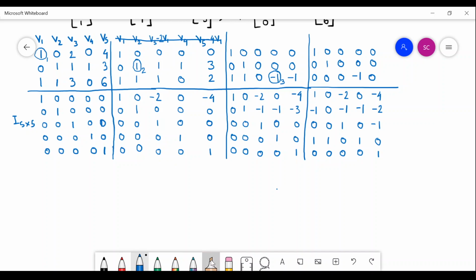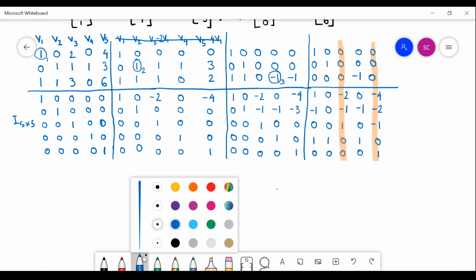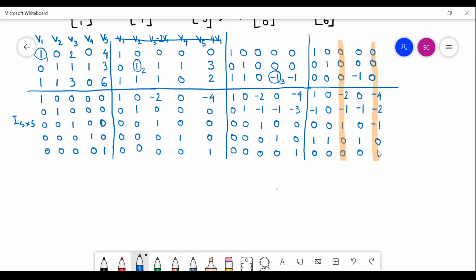So since we are trying to solve the equation summation alpha i vi equals 0, we are looking at those columns only where the top vector is 0, because this is the result of the addition of the vectors as given by these elements.